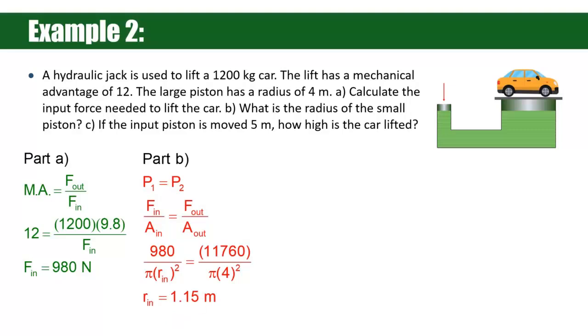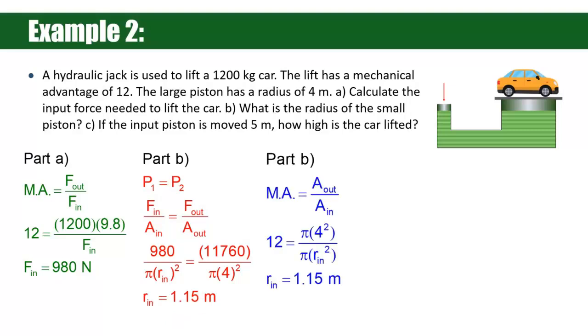So another way that you can calculate this is the concept of mechanical advantage. So mechanical advantage is defined as the ratio of the forces. But because Pascal's principle is really a ratio proportion, force out divided by force in, area out over area in, that also means that mechanical advantage is also equal to the ratio of the output area divided by the input area.